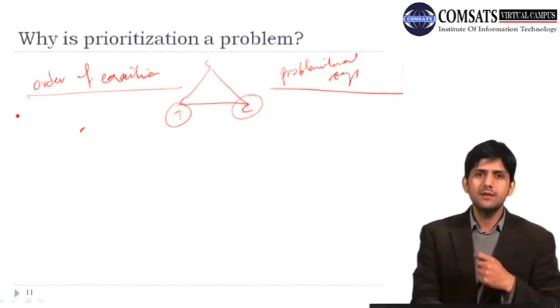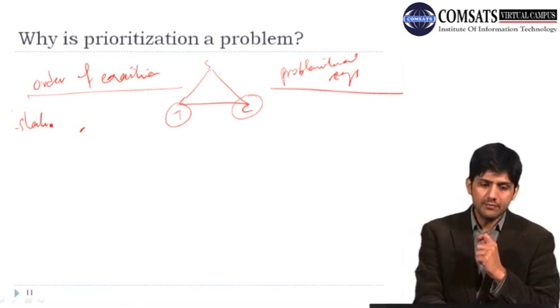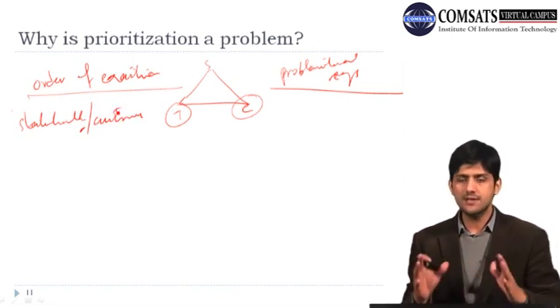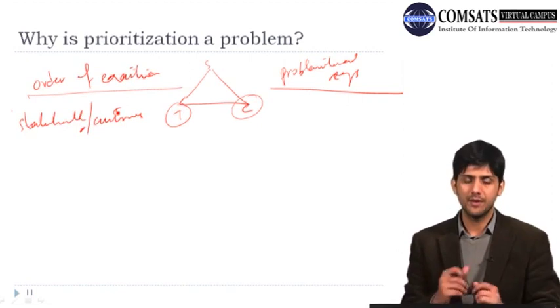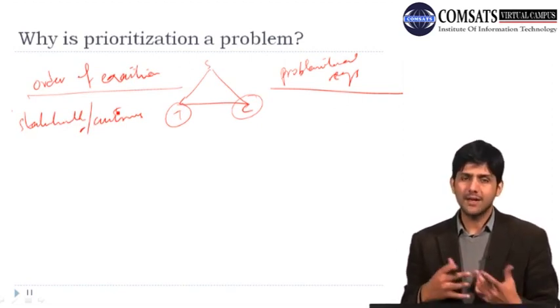So one thing that you can be very clear about is that obviously the stakeholder or the customer would have a very strong say about it. He would say, okay, this is something which I really want. But you cannot just accept everything the client says.